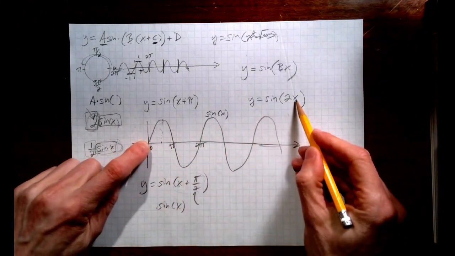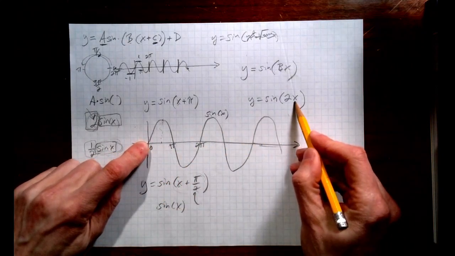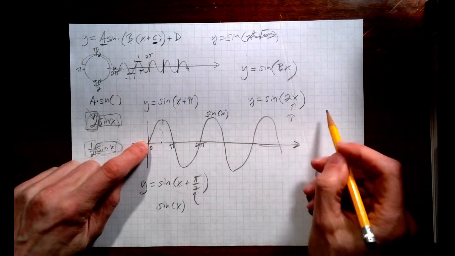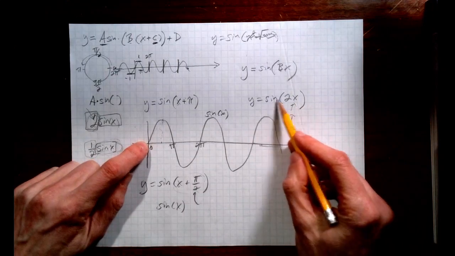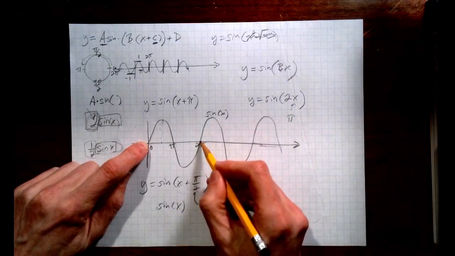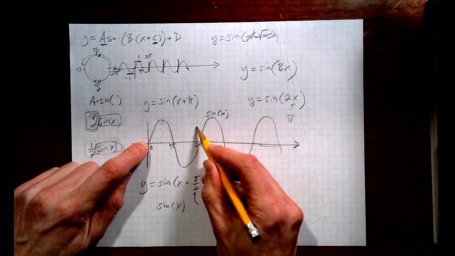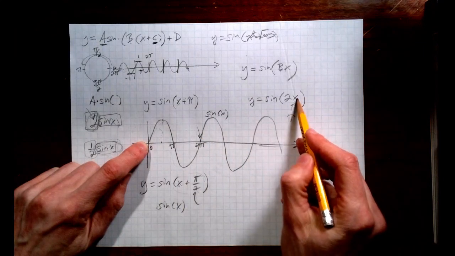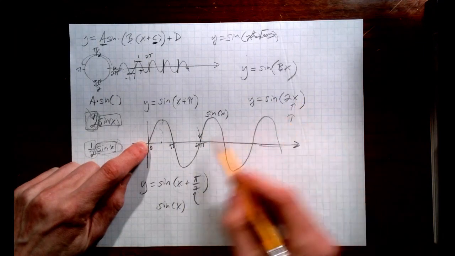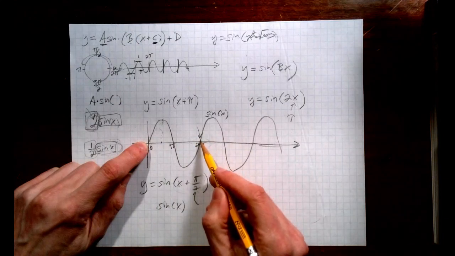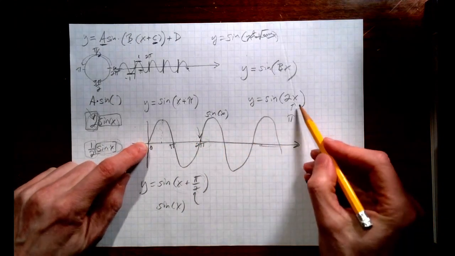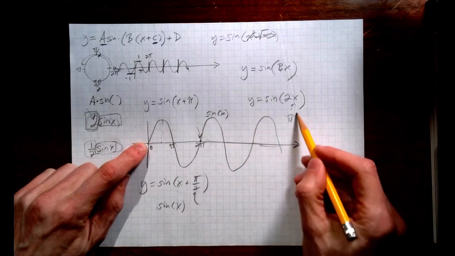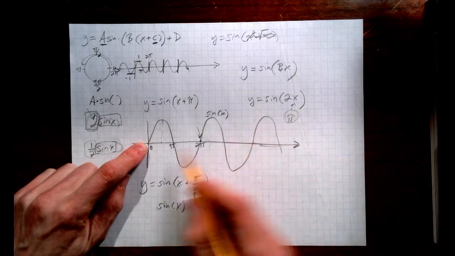But let's say I put pi in here. Okay, I'm going to input pi into this little machine. Now it's going to take the sine of 2 pi, which is right here. Okay? If I put pi in for x here, I'm taking sine of 2 pi. So I got to this faster than I normally would have. Normally, when I put in pi, I'm here.